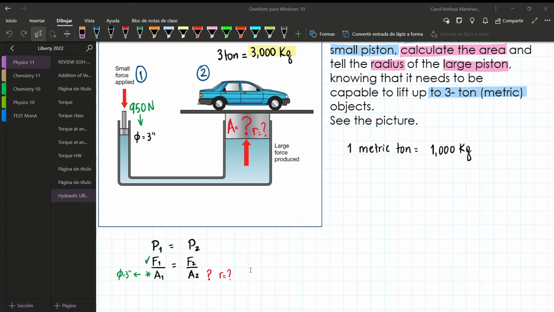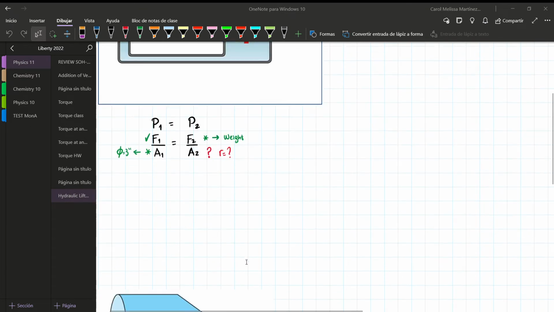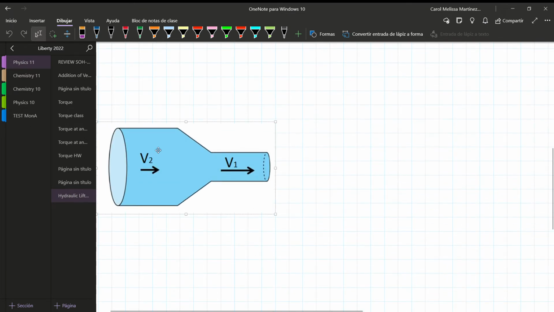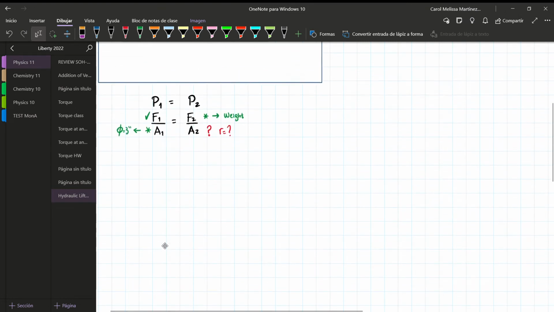I don't know the force 2, but I can get it from the weight equation. So I will get the area 1 and the force 2, which is exactly what I need to isolate for the second area. So let's work on that.